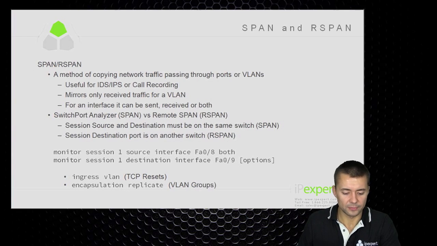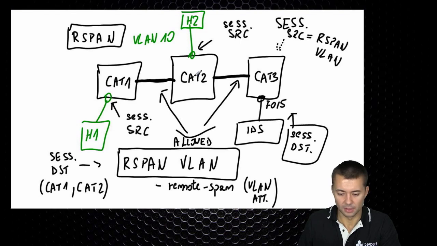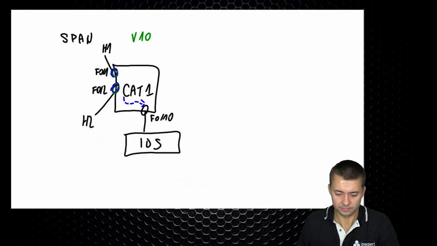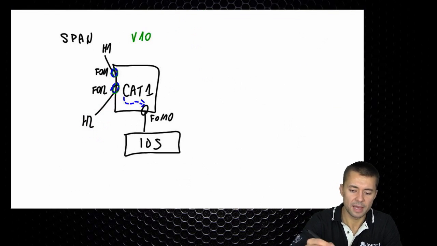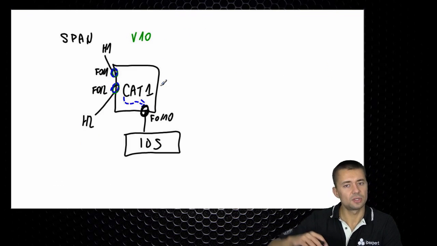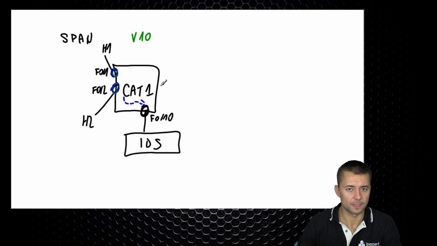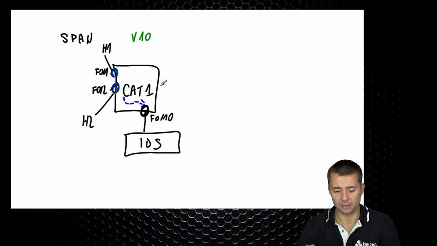If we focus on the first keyword, ingress VLAN, the purpose of this option is to allow the packets to be received on our session destination port. And this holds true for both types of SPAN deployments, regular SPAN and remote SPAN.